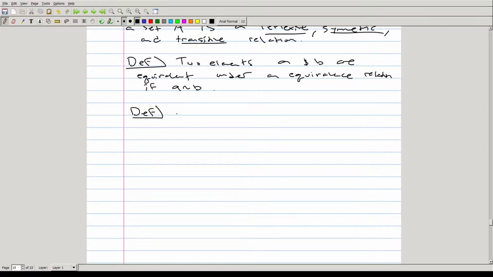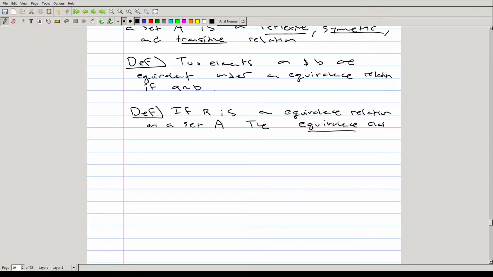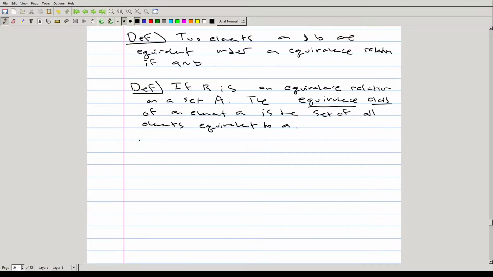So this is the definition of an equivalence class. If R is an equivalence relation on a set A, the equivalence class of an element A is the set of all other elements, or all elements equivalent to A. And the notation that we use here is a box, and sometimes we put an R in the subscript.